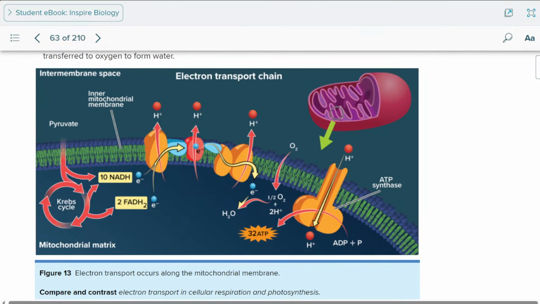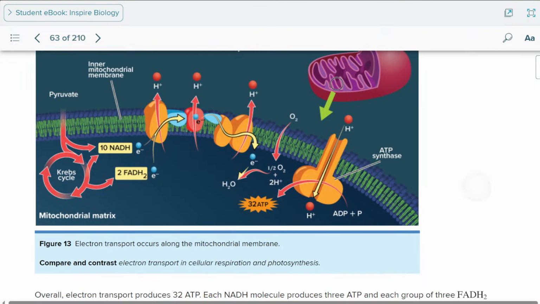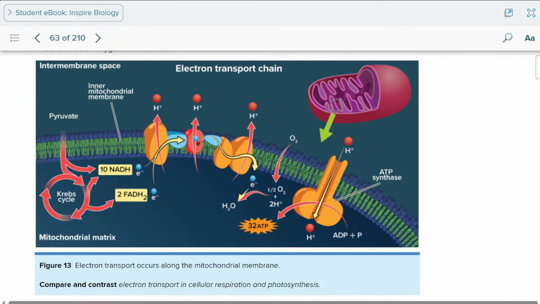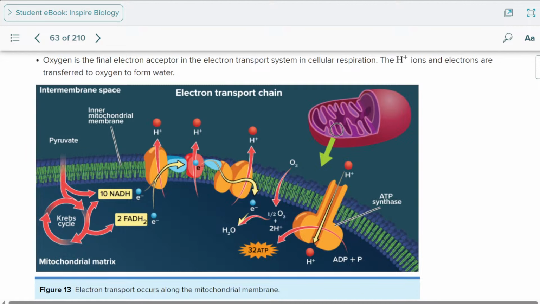This is where the electrons go, the long chain of green. And those orange ones are where the hydrogens get pumped out, from the mitochondrial matrix into the intermembrane space.